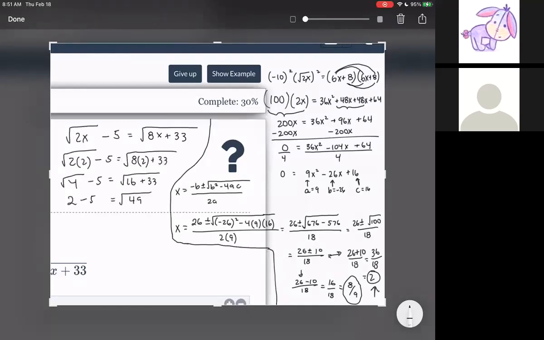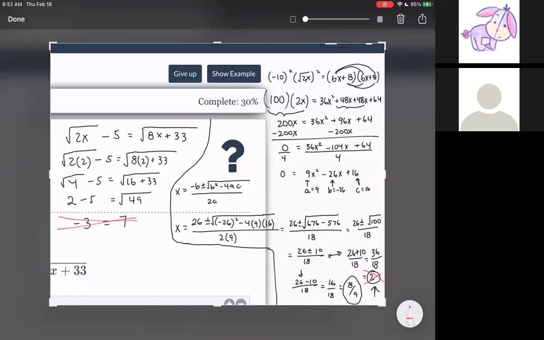Okay, and then we get 2 minus 5 is negative 3 equals square root of 49 is 7. So here we have negative 3 is equal to 7, which is a complete lie. It's a negative number equaling a positive number, and they don't even have the same absolute value. So this is just completely wrong, and so therefore we must reject 2, because when we plugged in 2, it gave us something wrong. So this is wrong. We're going to reject the 2. I'm just going to cross it out.